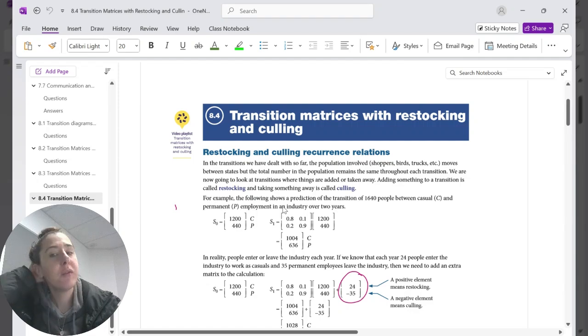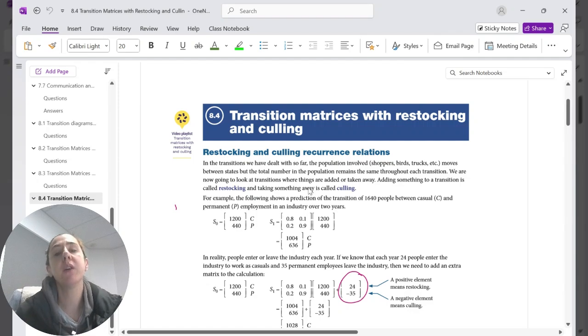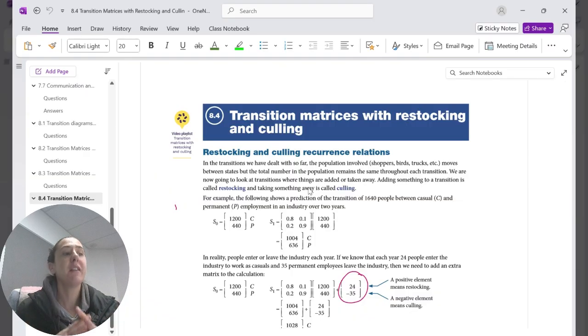Okay, 8.4. So far we've dealt with transition matrices, but we haven't added any people or objects into the existing population at all, or had any be removed in any way.